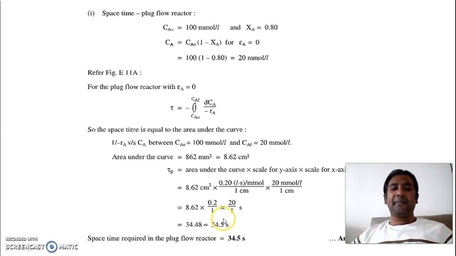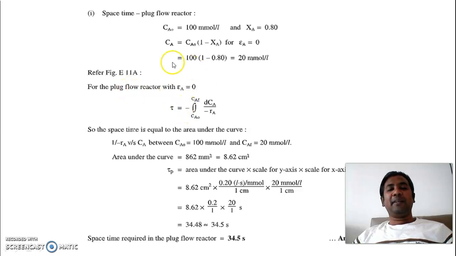The reason is this: your initial concentration fed to the reactor is 100, and conversion required is 80. It means the Ca, which is the concentration of A in the outflow, is 20. We have used this formula, Ca is equal to Ca0 into 1 minus Xa.